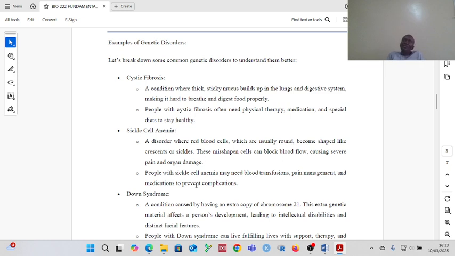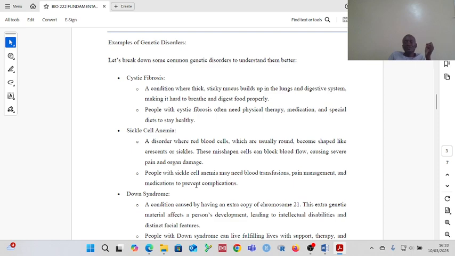The other example, sickle cell. These are disorders where red blood cells, which are usually round, change their shape and become crescent or sickle shaped. By virtue of that change, the red blood cells have changed their shape from being biconcave, so they cannot carry enough oxygen.